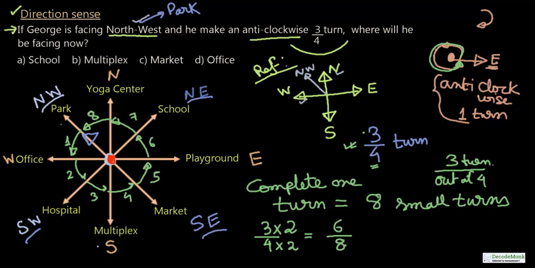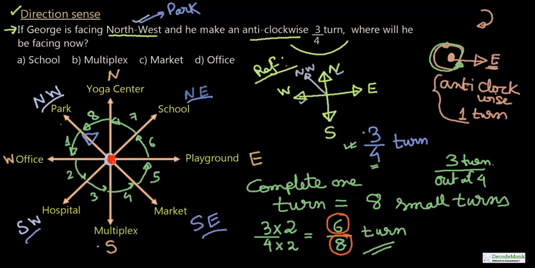So 3 by 4 turn is the same as 6 by 8 turn. That means the question is telling that George is making 6 small turns out of 8 small turns.